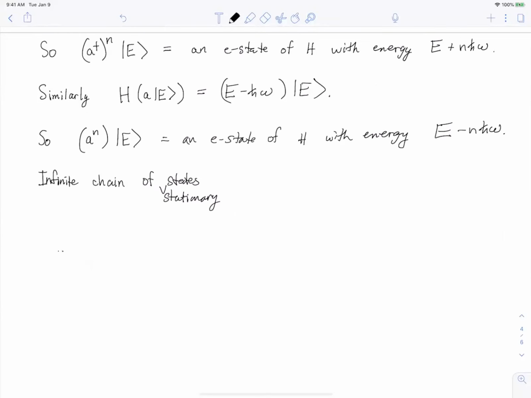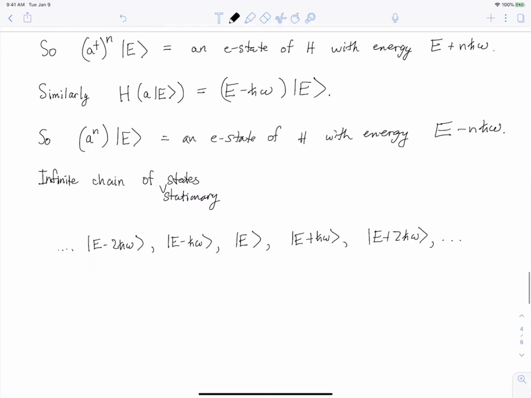It's E minus 2 h bar omega, that's the name of the state, E minus h bar omega, E, E plus h bar omega, E plus 2 h bar omega, etc. Going off in both directions. Okay, so energy is going to the right here.